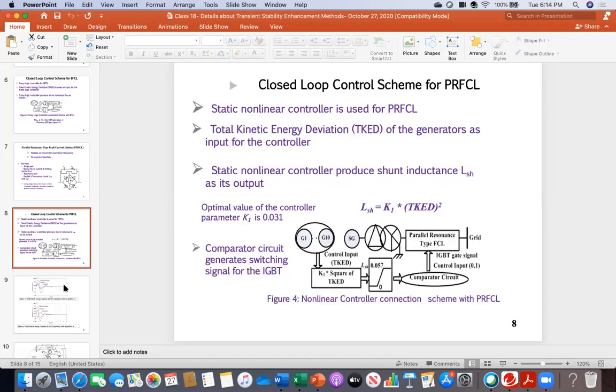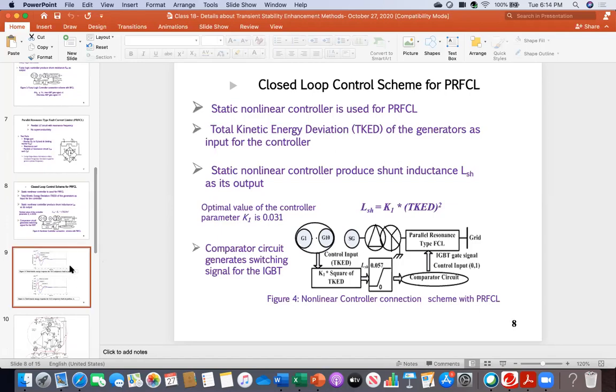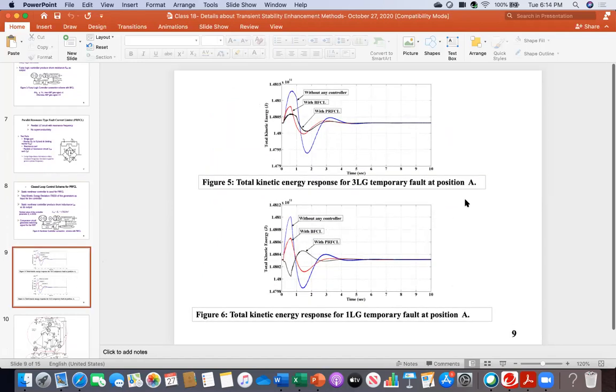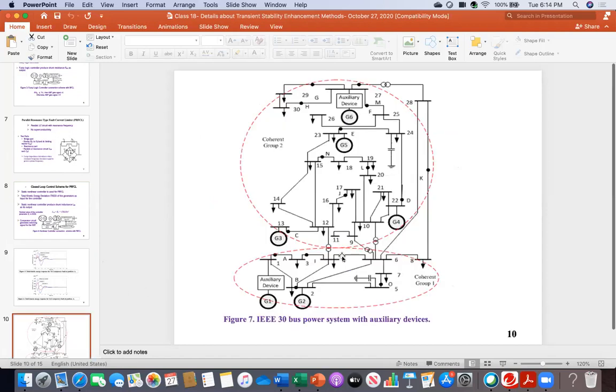Now, if you see the literature, you will see there is some performance comparison between the BFCL and the parallel resonance fault current limiter. So for example, you remember, I think last class I was showing you this diagram, IEEE 30 bus power system with auxiliary devices. It is 30 bus, and there are 6 generators, and there are 2 coherent groups. This is one group and this is the other group.